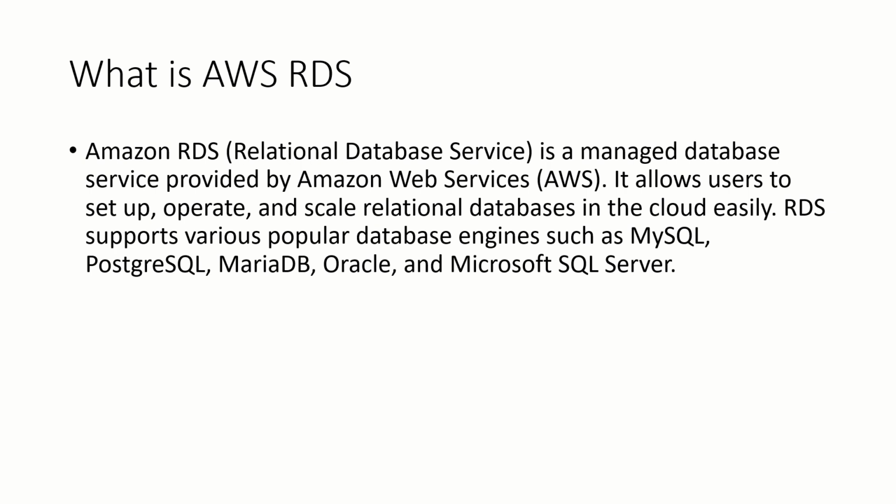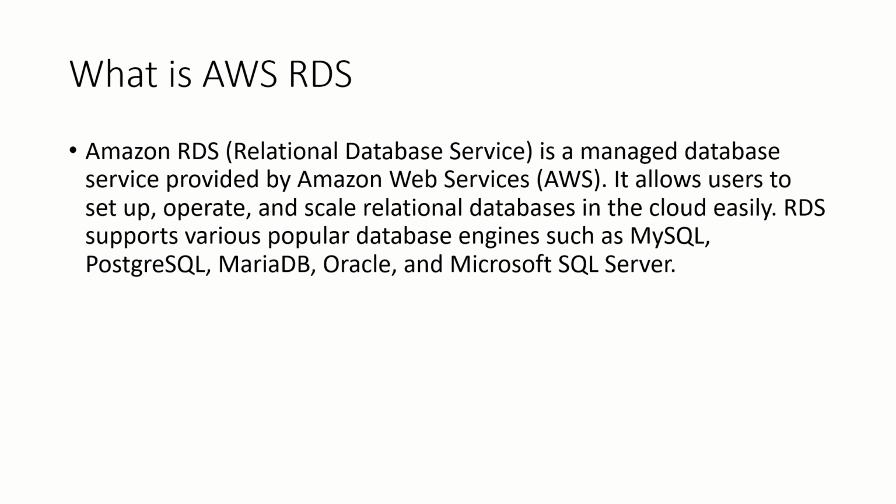RDS supports various popular database engines such as MySQL, PostgreSQL, MariaDB, Oracle and Microsoft SQL Server. We are going to use MySQL here and create a MySQL database in AWS RDS.